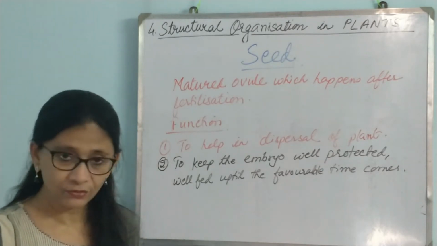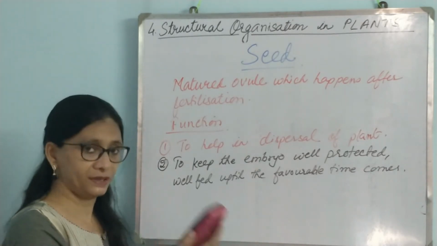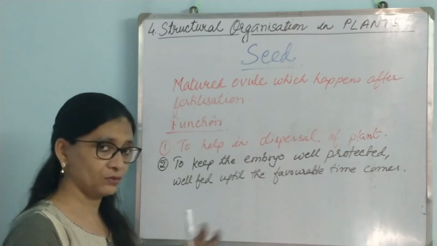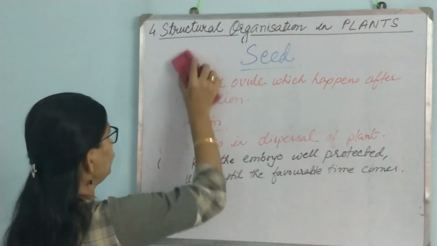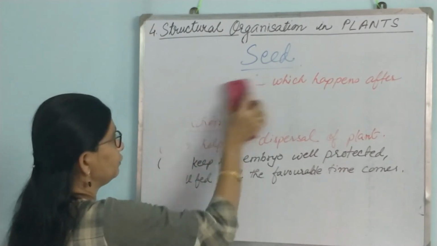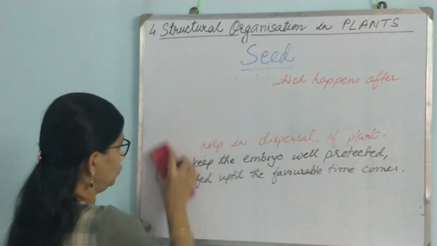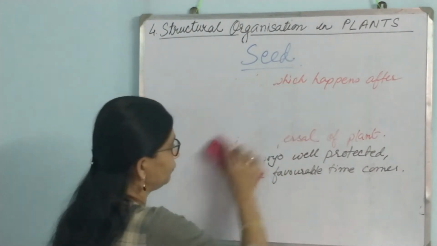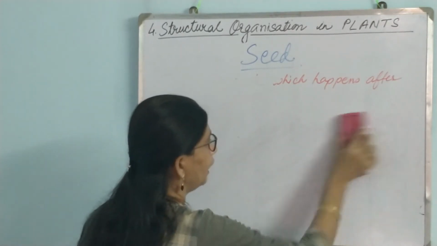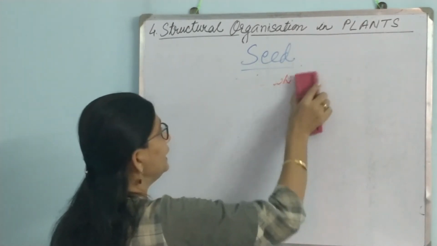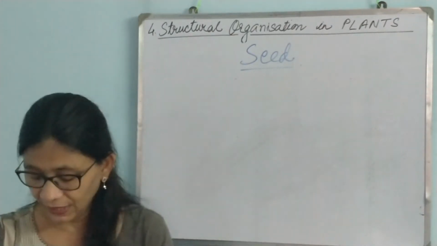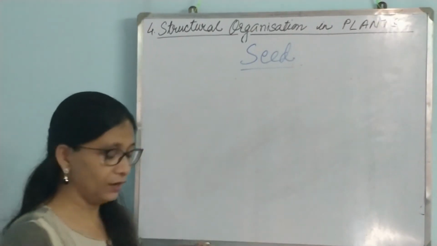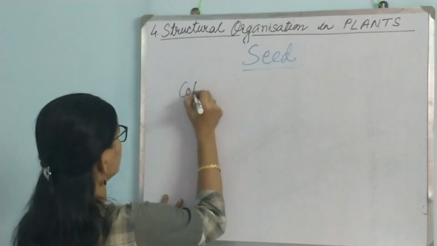Now let us quickly go into the different types and categories in which seeds are divided. When we talk about seed, there are a few features inside the seed which we have to consider. The first feature is how many leaves are there in the seed. Seed leaves are known as cotyledon.